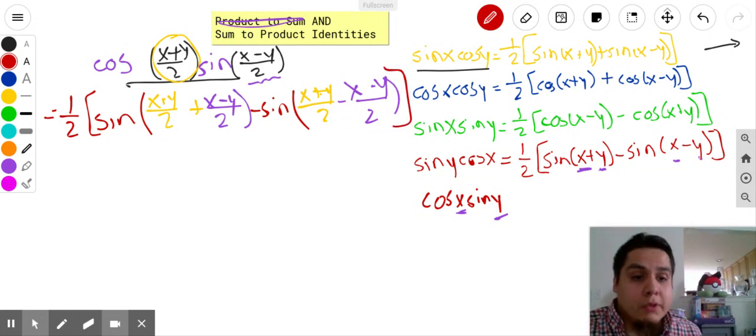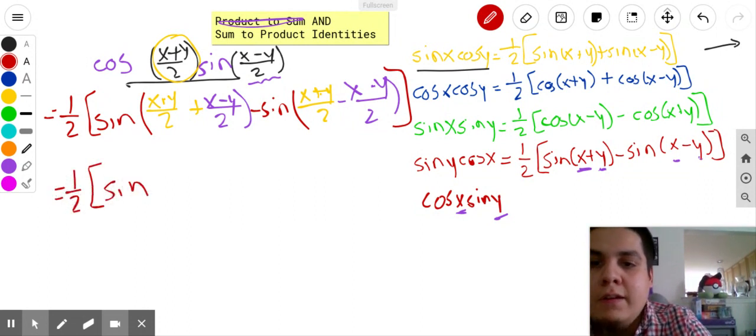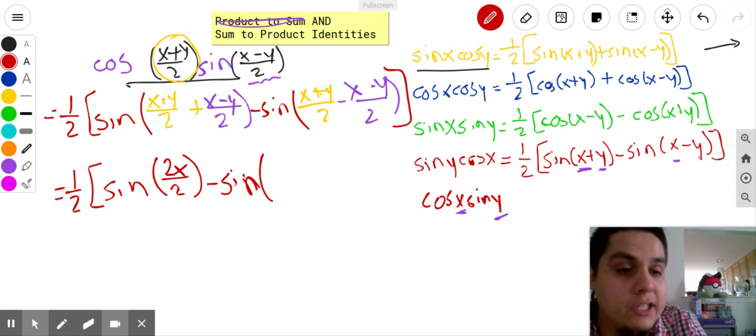All right, and just like we were doing before, my goal is to simplify whatever's inside the sine functions right now. So I can say this is just going to end up being 1/2 bracket sine of 2x over 2 minus sine of, again, if I distribute this negative here, that's going to be negative, that's going to turn into plus. X minus x goes away.